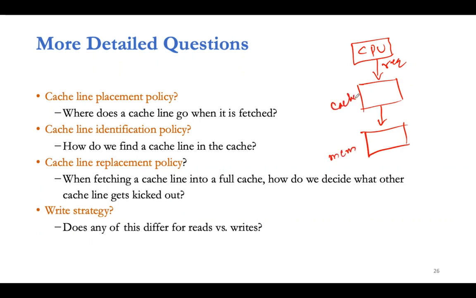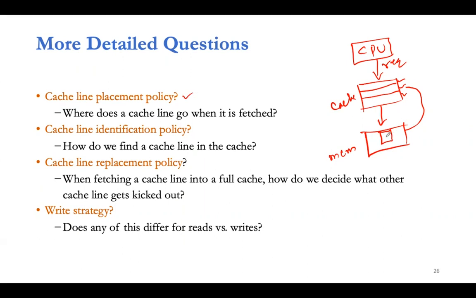In the cache there will be frames. So if the block or cache line is fetched from the memory, where does it go? Does it go to the first frame, the second frame, or the third frame? In which frame is it going to be placed? That is, where does a cache line go when it is fetched from main memory? That policy we call the cache line placement policy.